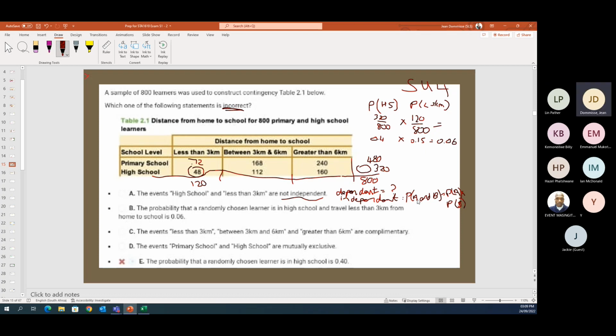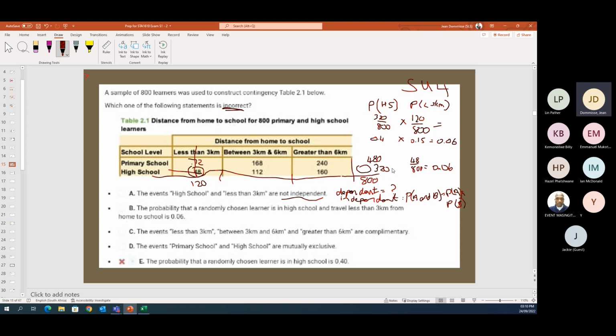The probability of A and B is where those two meet, so that is 48 divided by 800, which is also 0.06.